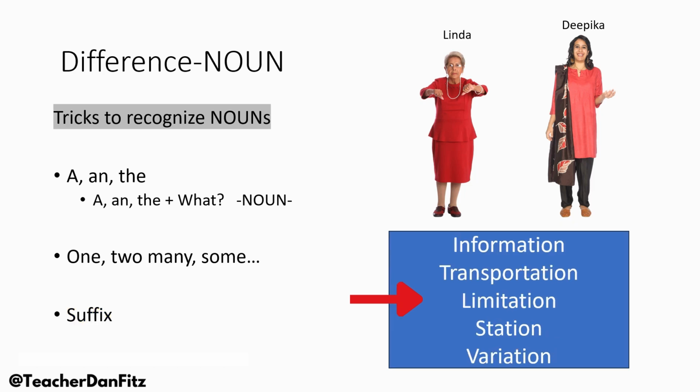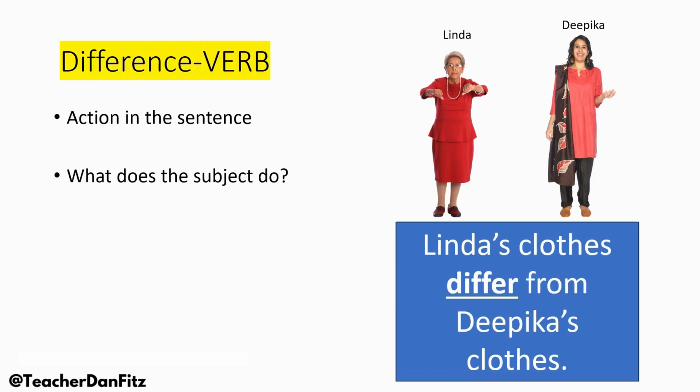Another common suffix for nouns is the TION ending. So information, transportation, limitation, station, variation, all of those are nouns. And anytime you see that TION at the end of a word, it's probably a noun.